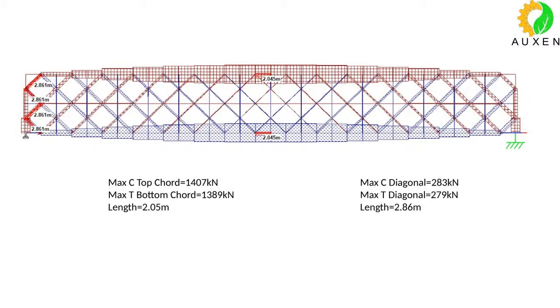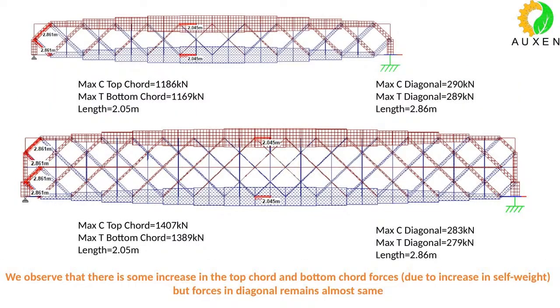What you see, the maximum chord is 1407 kilonewtons, tension it is 1389, and the diagonals, very important, they still remain the same. I don't know whether you had observed earlier, when we had a 45-meter span, one tier Bailey's bridge, you see the diagonal forces. And now when I have a two-tier Bailey's bridge configuration, 65-meter span, still they remain the same diagonal forces.